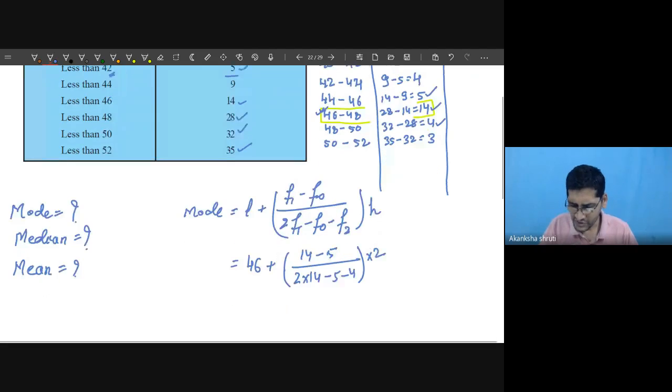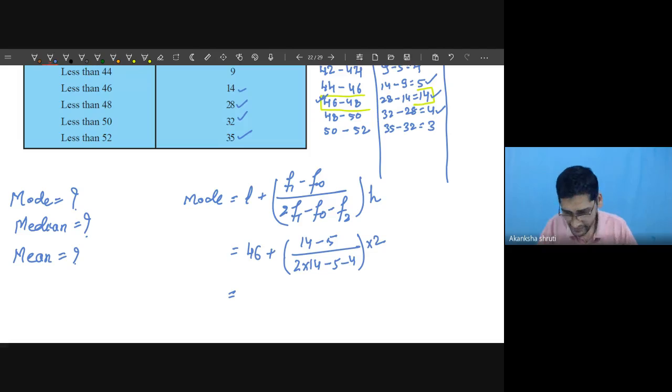It's so simple, students. So 46 plus 9 divided by 28 minus 9, into 2.